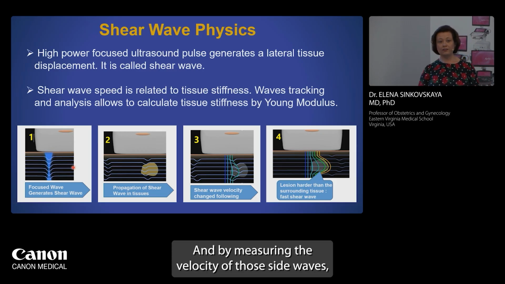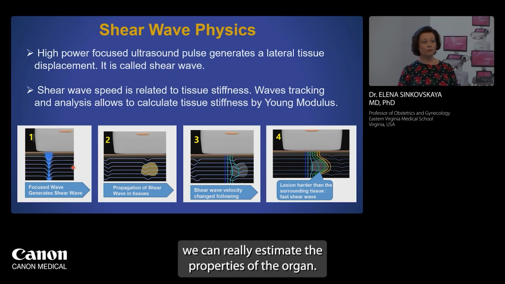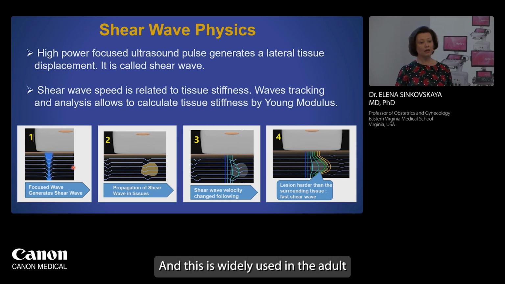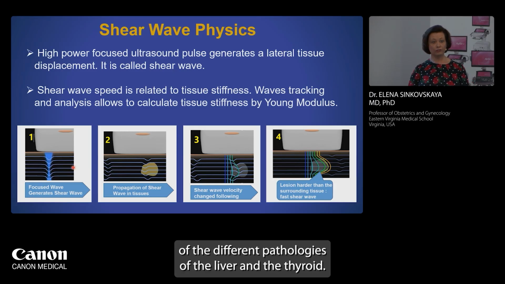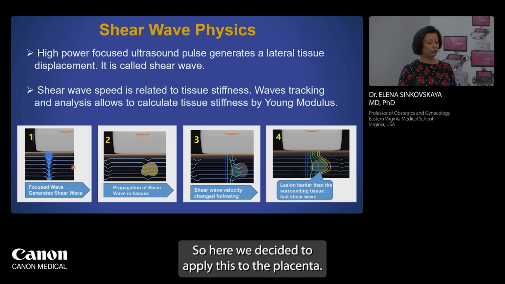By measuring the velocity of those shear waves, we can estimate the properties of the organ, and this is widely used in adult and general ultrasound for assessment of different pathologies of the liver and the thyroid. So here we decided to apply this to the placenta.